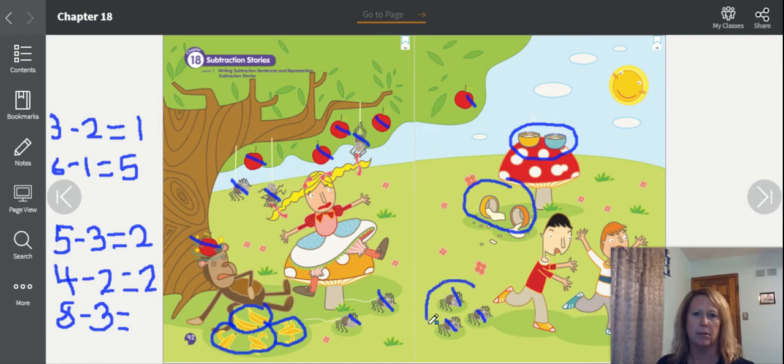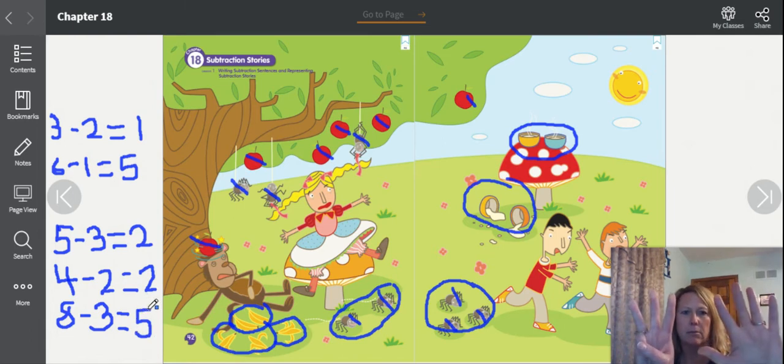We know if we look at this group and this group, that's a pretty easy number. If you subtract, we know putting those all together would make 5 total. Also, if you put up 8 fingers and take 3 of them away, 8 take away 3 equals 5. So we have 5 spiders on the ground.